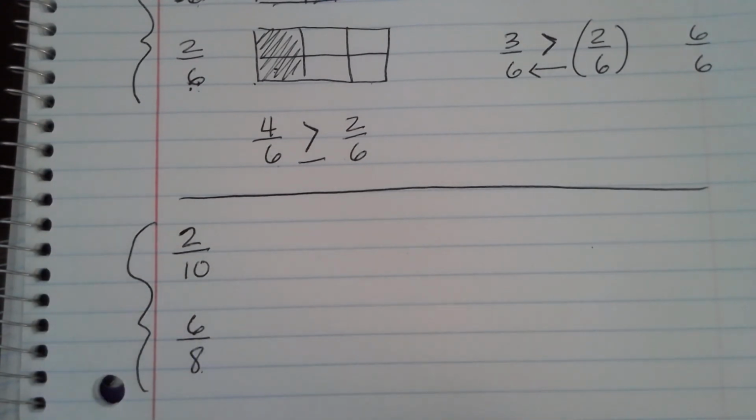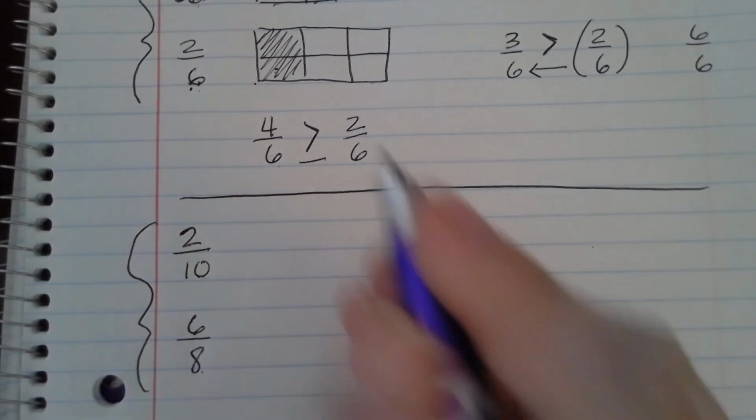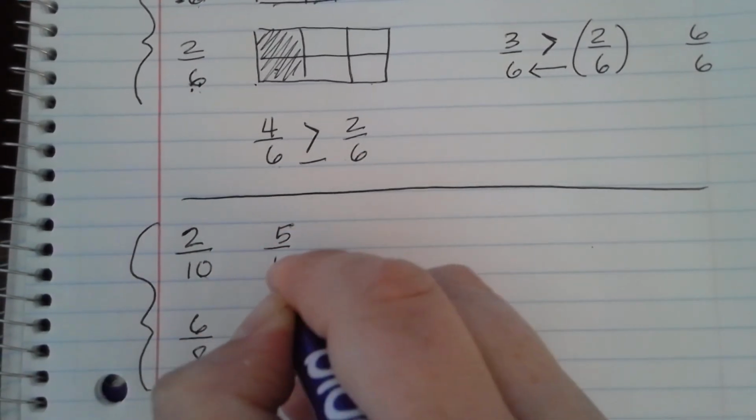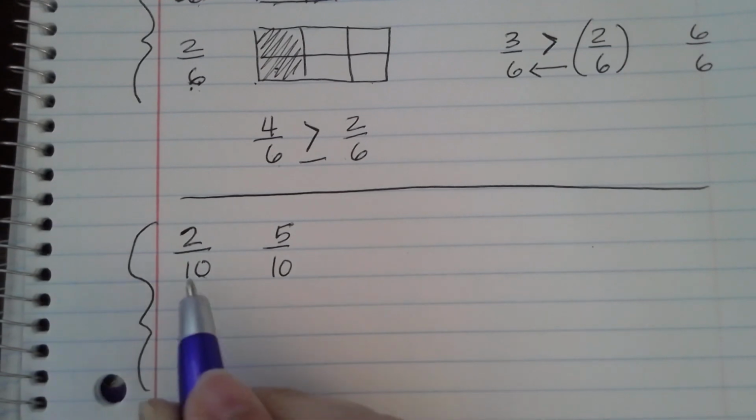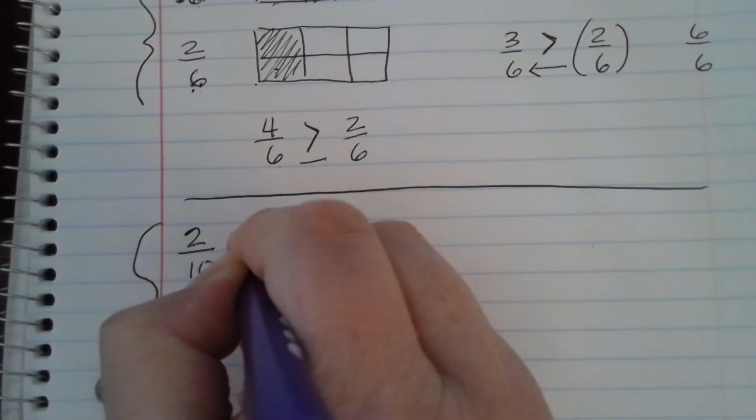If I look at 2 tenths, I've got 10 as my denominator. What would half of a tenth be? Half of a tenth would be 5, 5 out of 10. Is 2 tenths smaller than 1/2 or bigger than 1/2? Smaller. Good.